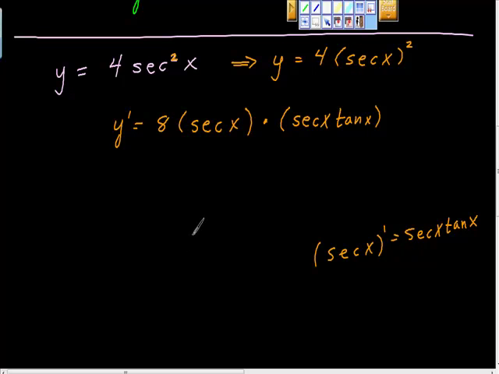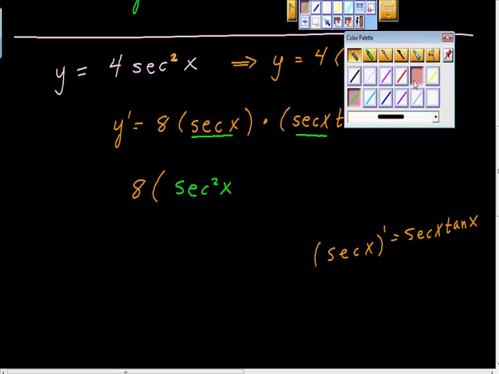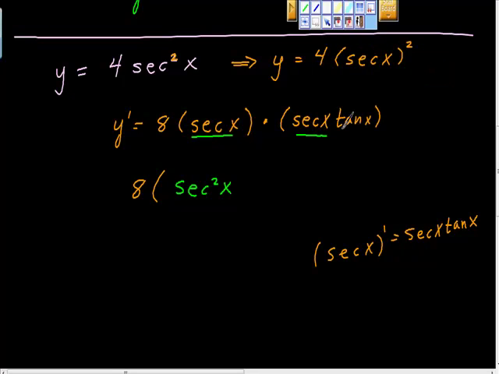If we multiply all this stuff together, here's our constant multiplier, and if I multiply secant x, we get secant squared x times this tan x. And hopefully you're aware of your trigonometric identities, and you can switch this out, right? This is 1 over cosine here.